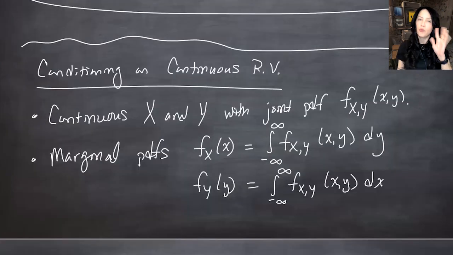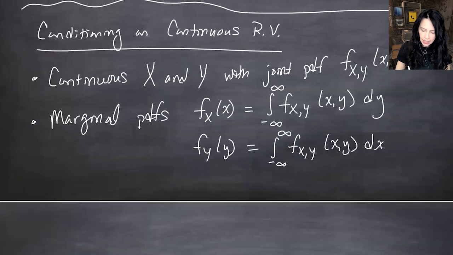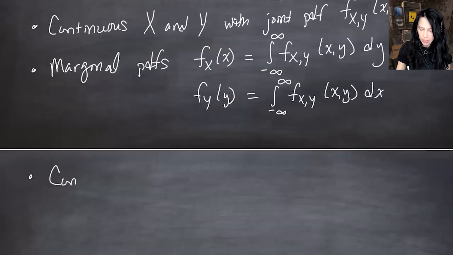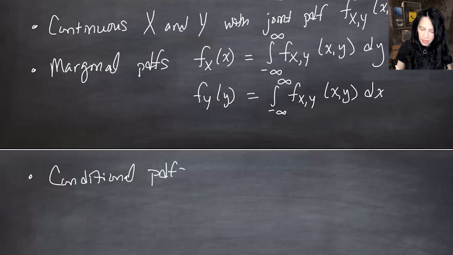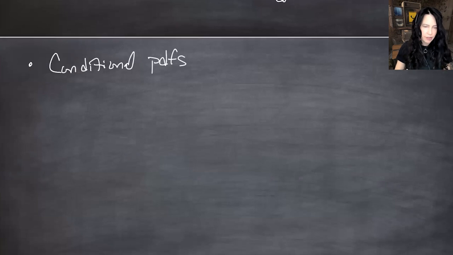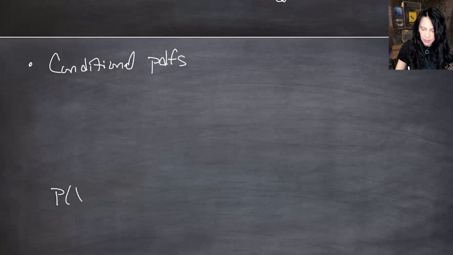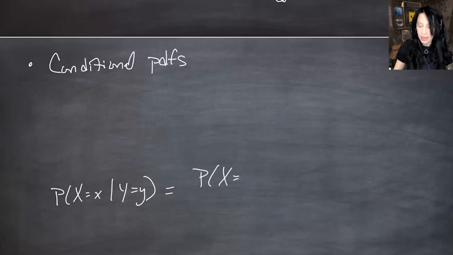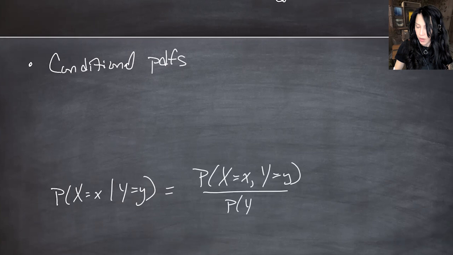Okay, so from this, we can define conditional PDFs. But they no longer represent probabilities, so they're a little harder to interpret. But we know that the probability that X equals x given Y equals y is the probability that X equals x and Y equals y over the probability that Y equals y.